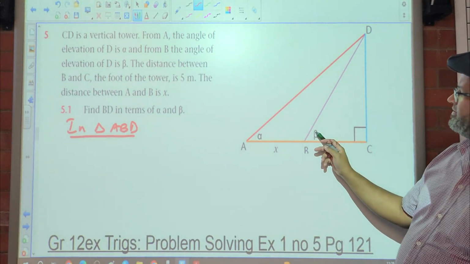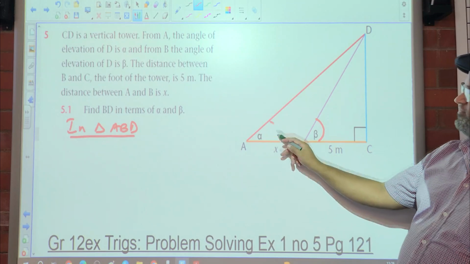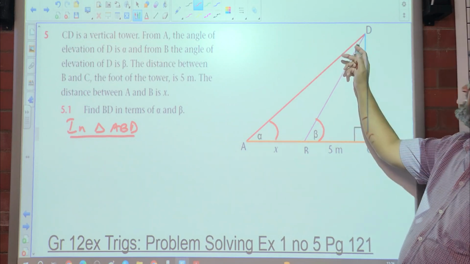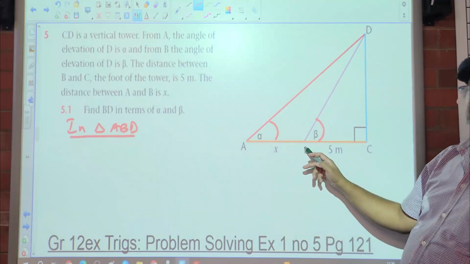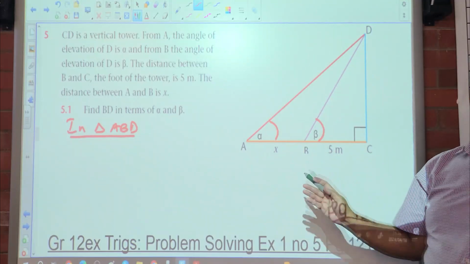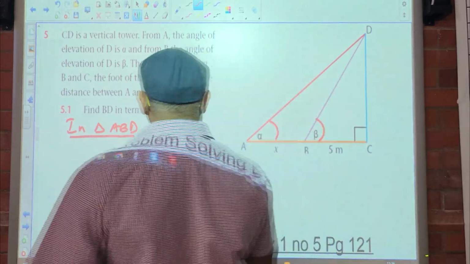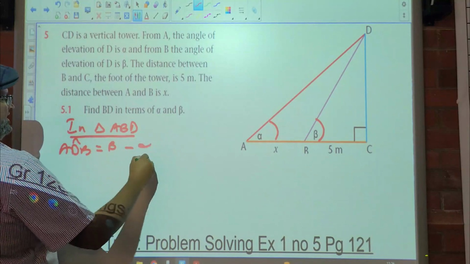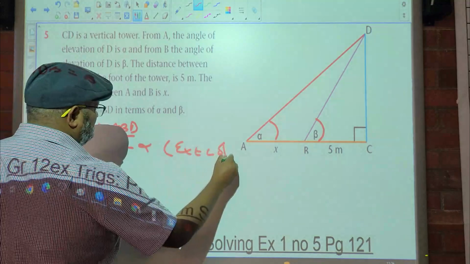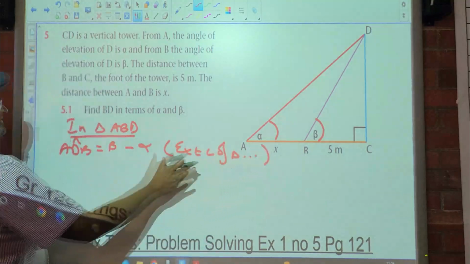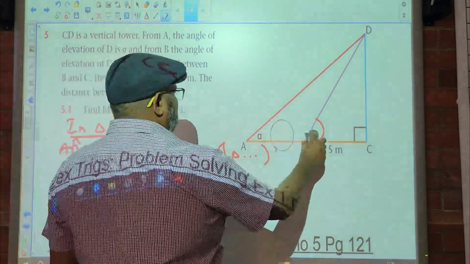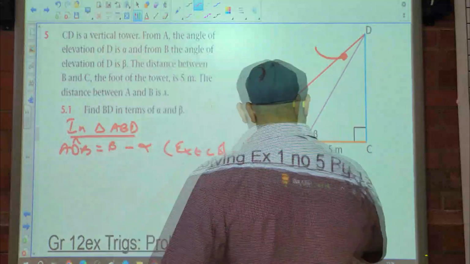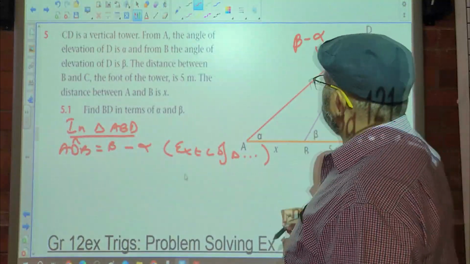What relationship exists between beta and alpha? We know that angle beta is equal to alpha plus ADB. Why? Exterior angle of a triangle. So ADB is equal to beta minus alpha. Did I need a reason here? No, you don't need it. But if I write it in, am I going to get the extra mark? Of course not. Otherwise I would tell you to write it in.